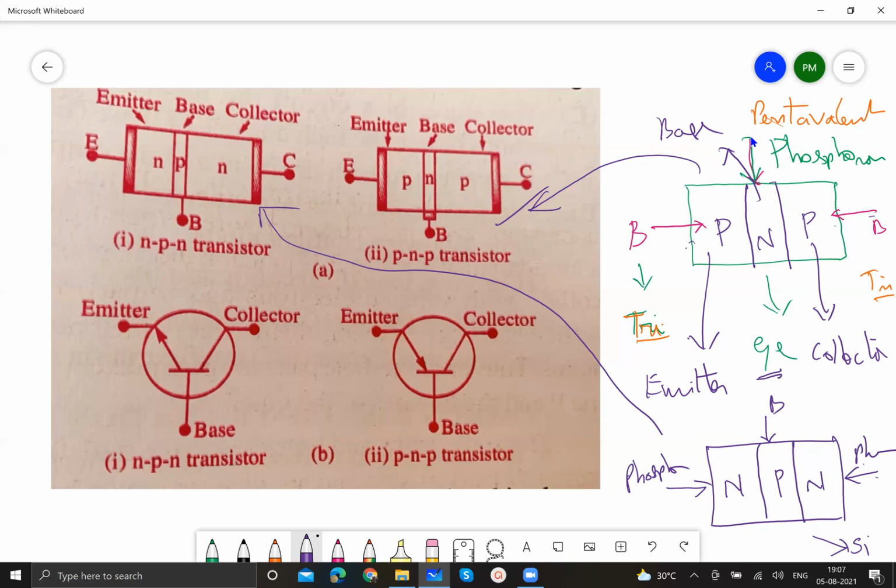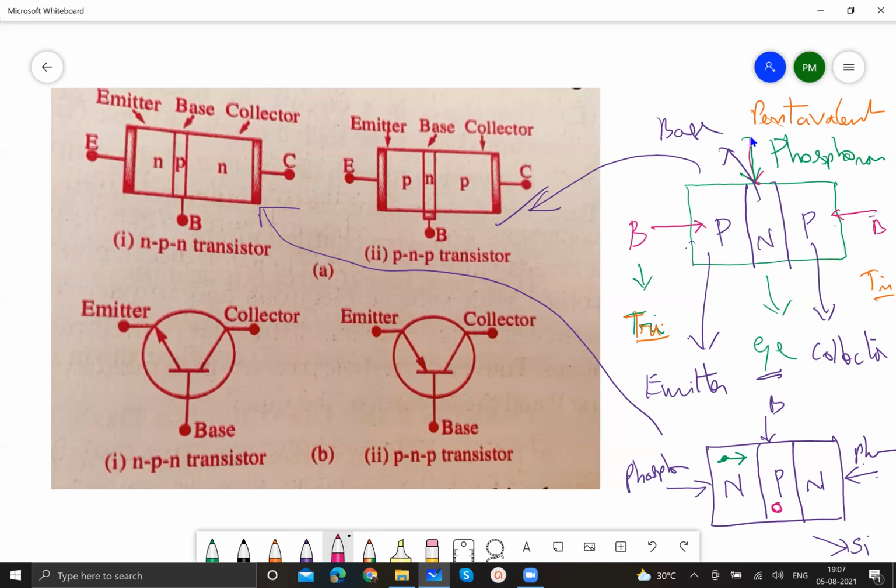I don't know how best you remember the concepts we discussed the other day. In N, the electrons are the majority charge carriers. Yes or no? Do you remember or not? Yes. And in P, we have the holes. In the N region, electrons are the majority charge carriers. In the P region, holes are the majority charge carriers.